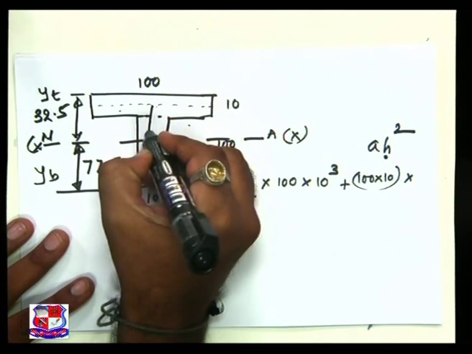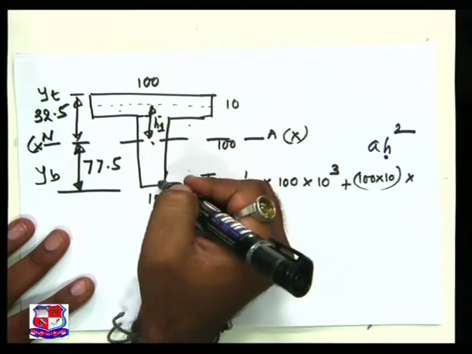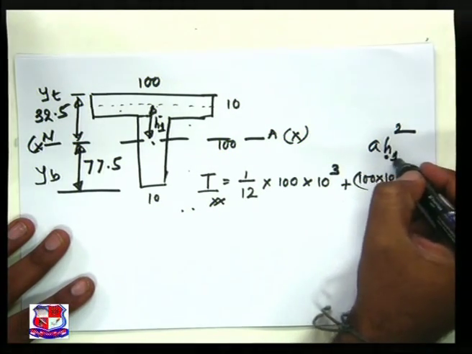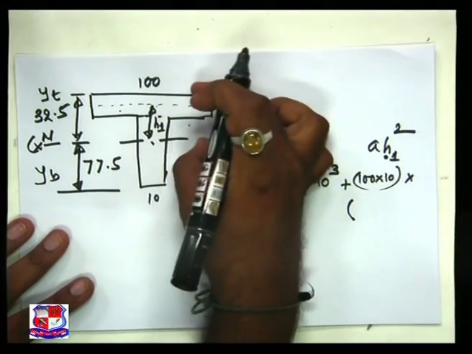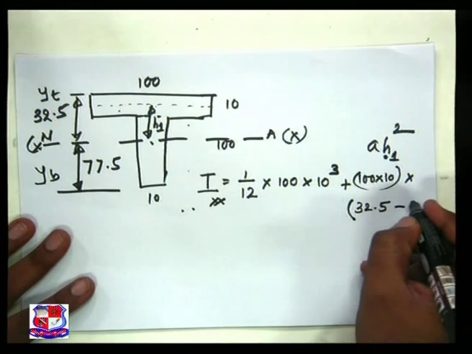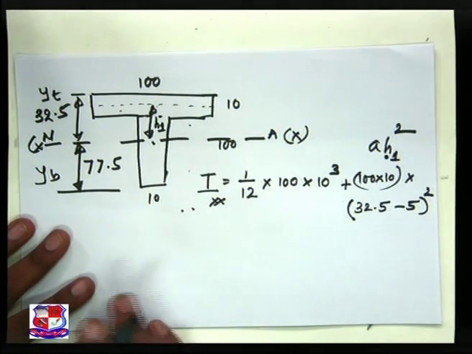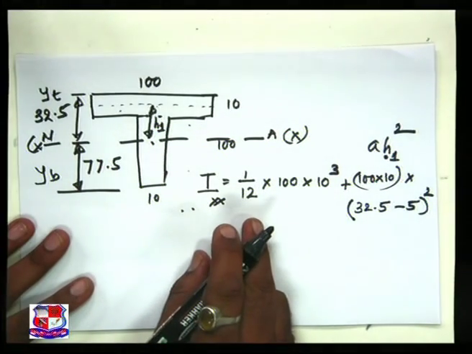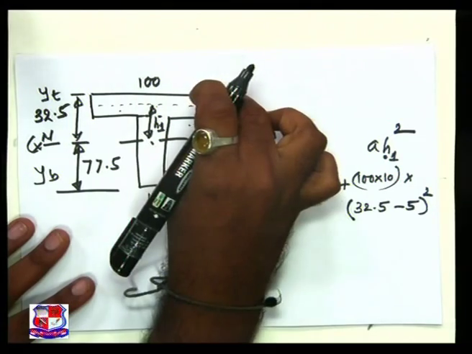So this is my h for this one, called h1, and that is nothing but 32.5 minus 5, squared. So this is the contribution of I from the first rectangle.